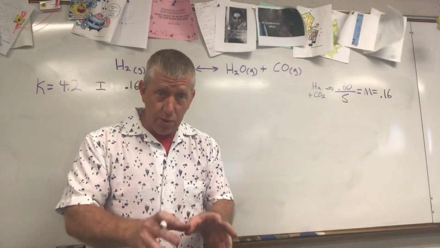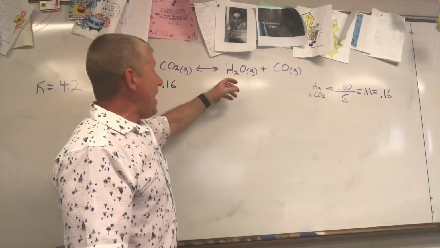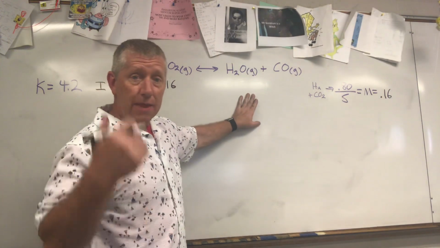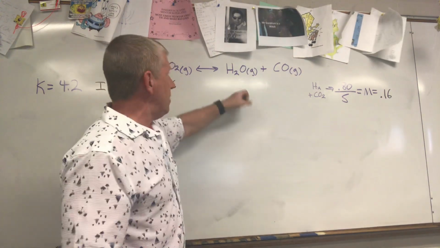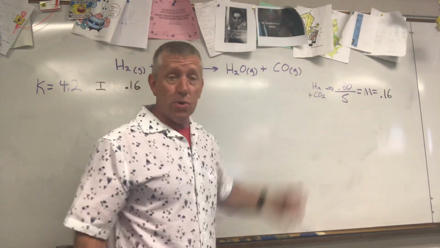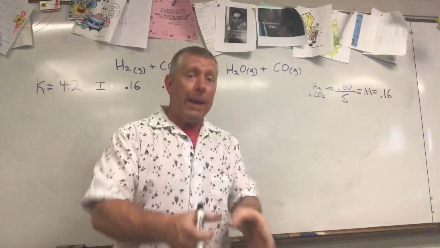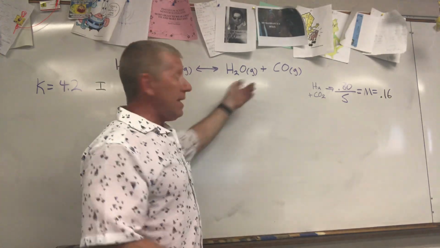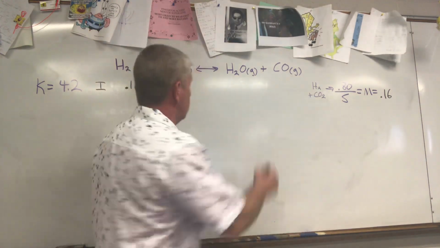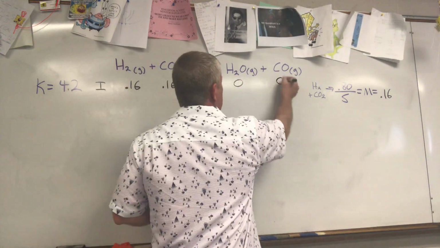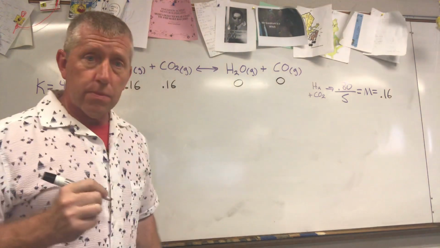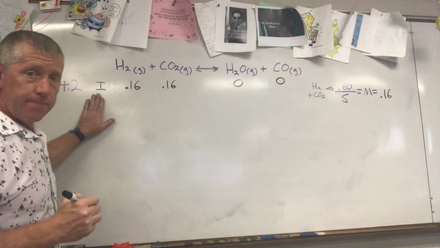That's the initial concentration. They haven't reacted yet. This is at the beginning, meaning we haven't formed any product yet because we just threw these two in. So initially, we have none of this. Put zeros there. Okay, that's what the I stands for.